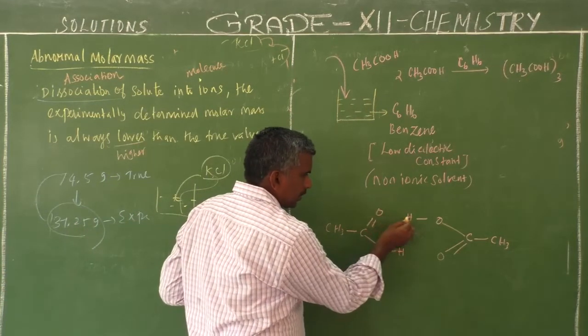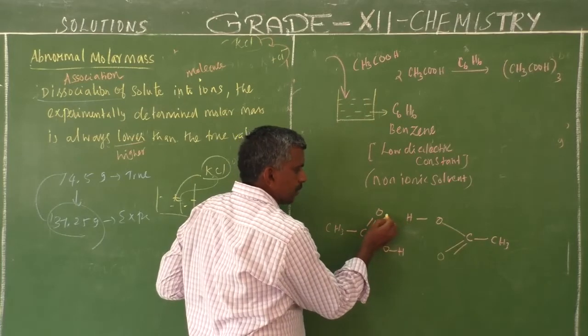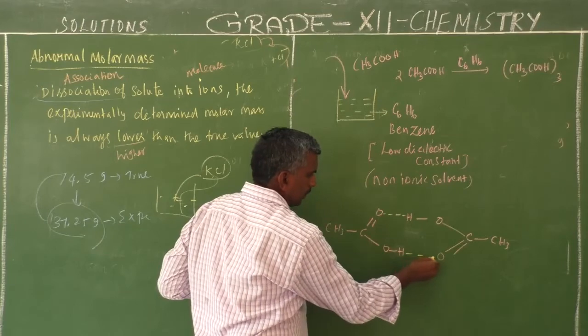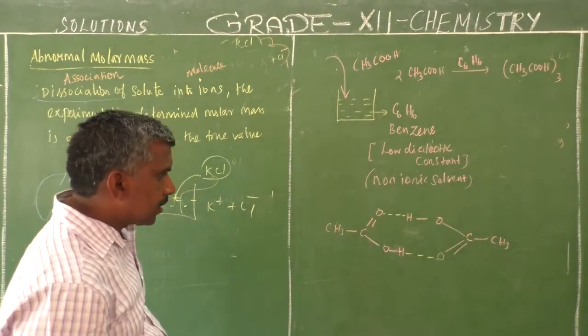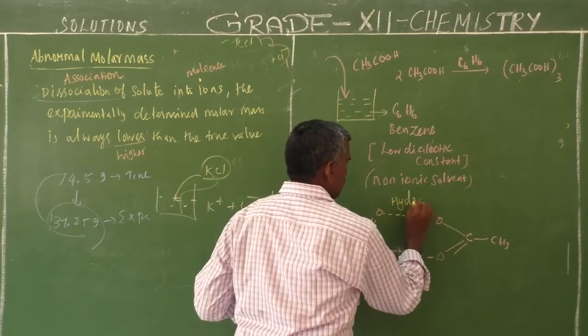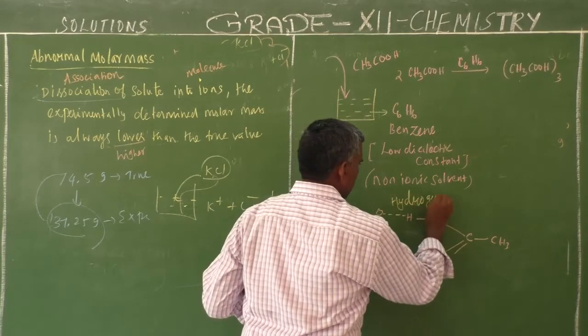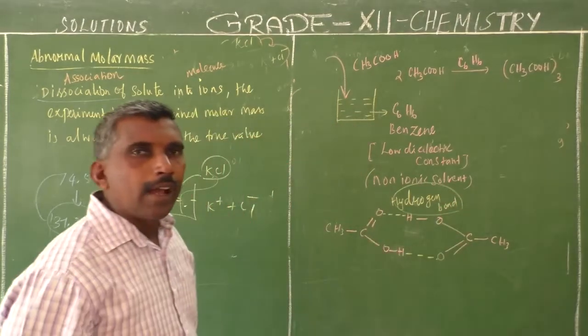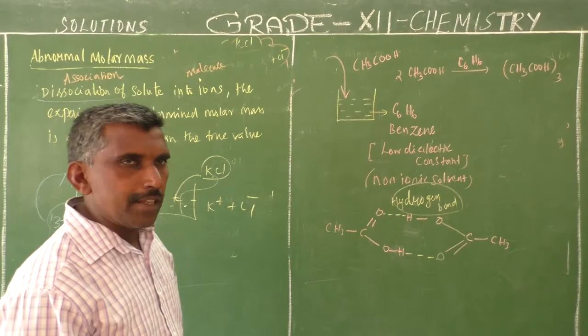This oxygen is an electronegative element and this hydrogen is an electropositive element. This association forms a hydrogen bond.